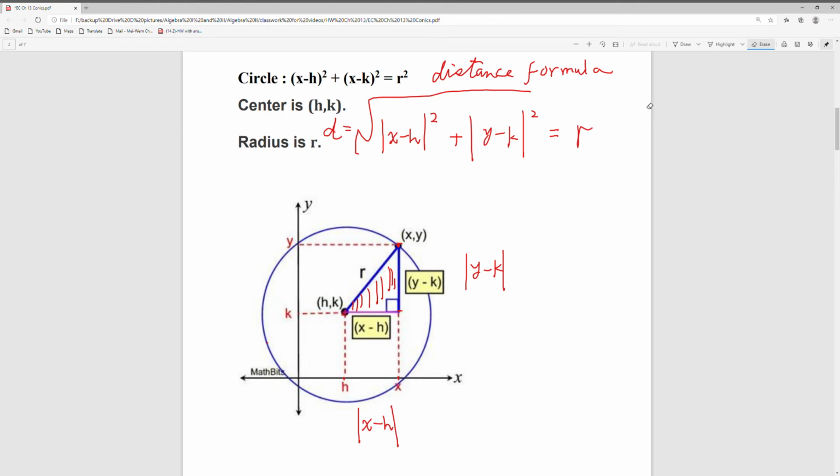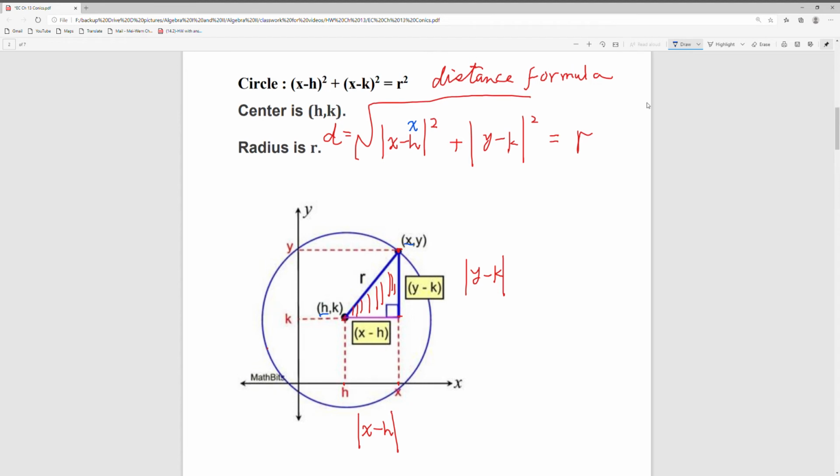The distance is x minus x, which is h here. So you have x minus x, and then y minus y, where y is k here, and then square by the Pythagorean theorem.